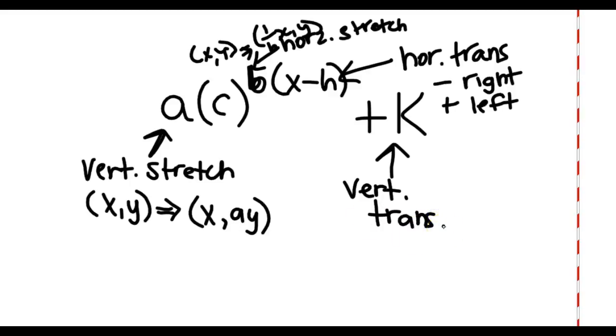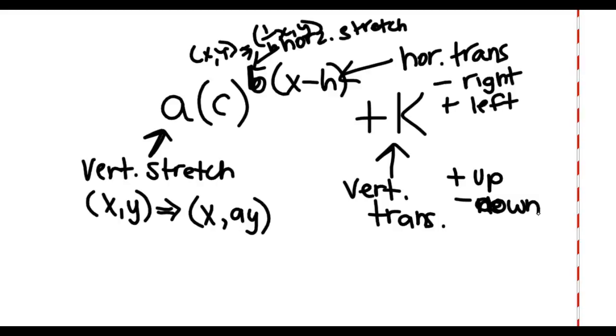And if it's positive, it goes up. And if it's negative, it goes down. Oh, this should be down. Okay, so we can use these to do the next examples.